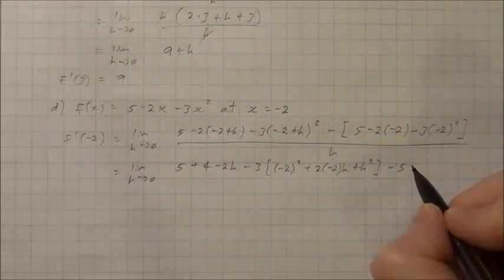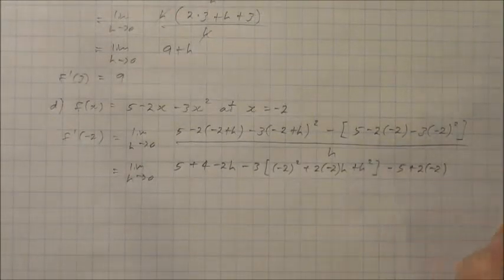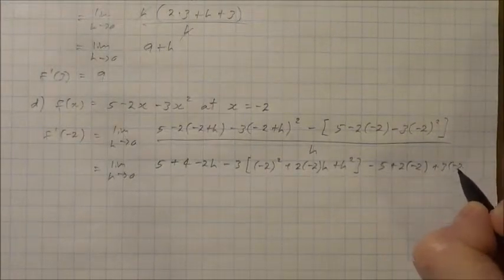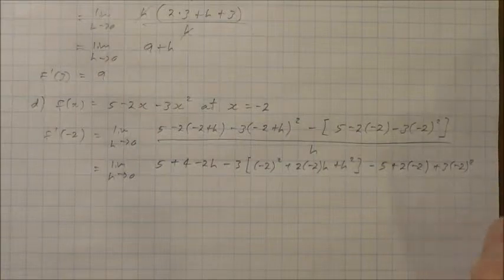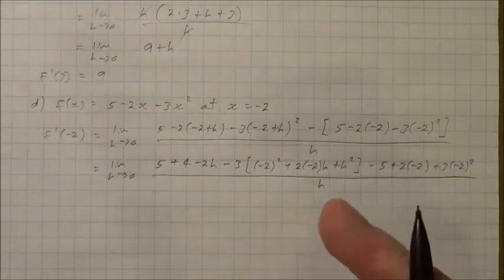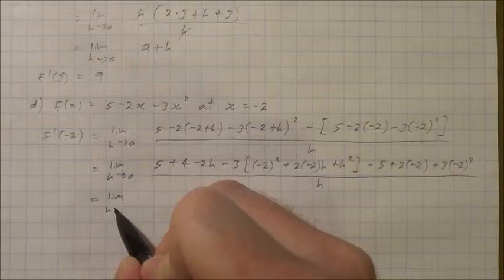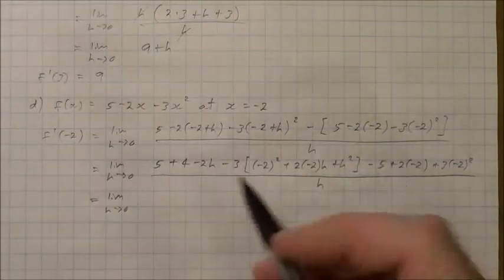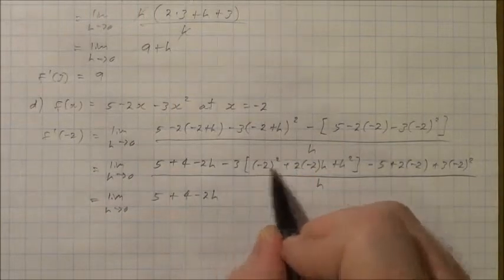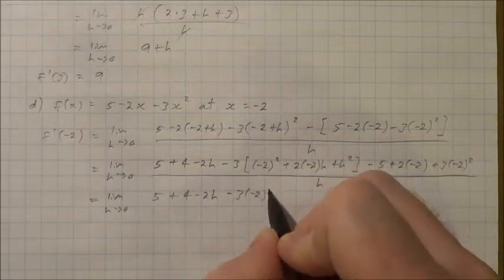Or actually, maybe I'll just do the plus 2 times negative 2. Keep it in that form. Plus 3 times negative 2 squared, all over h again as h approaches 0. And then I'll do a little bit more simplification here as I bring in this negative 3 into this bracket.